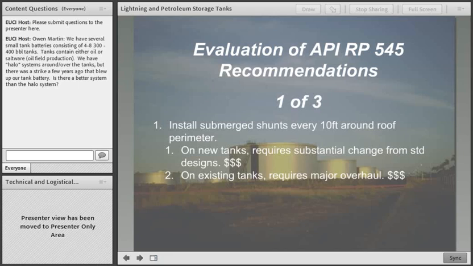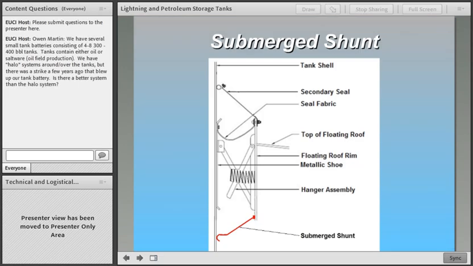Obviously, this practice would be extremely time-consuming and expensive. If you had an existing tank, what I just described is considered a major overhaul and would be very expensive. And this is the concept. We want to move the shunts from here to here.